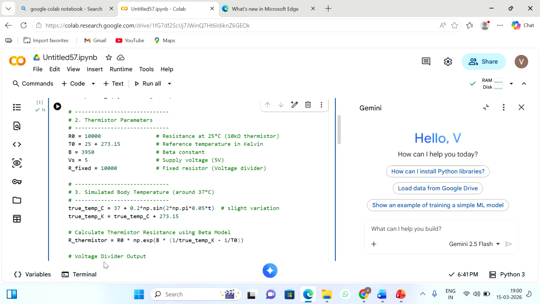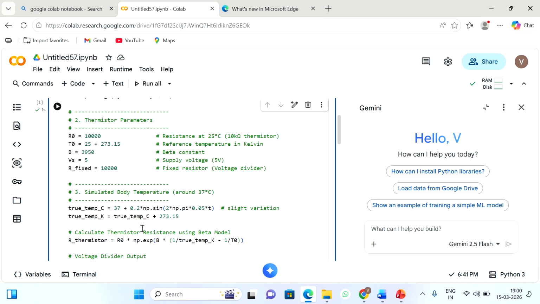R is equal to R naught of e power B open bracket 1 by T minus 1 by T naught. Now, what is the meaning? If temperature increases, thermistor resistance will decrease. If temperature decreases, the resistance will increase. So this line calculates thermistor resistance at each temperature. That is what is given by the beta equation.